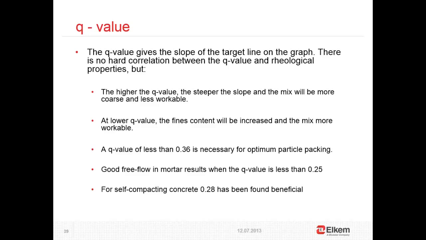It is necessary to have a Q value of less than 0.36 for optimum particle packing. A good free flow mortar results when the Q value is less than 0.25, but if you're looking for a self-compacting concrete, the value of 0.28 has been found beneficial in designing this quality.